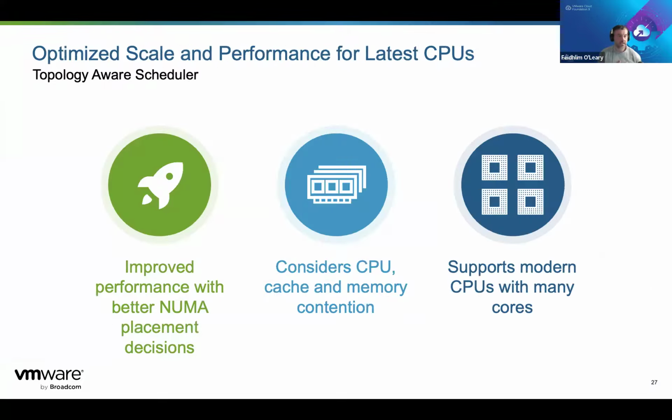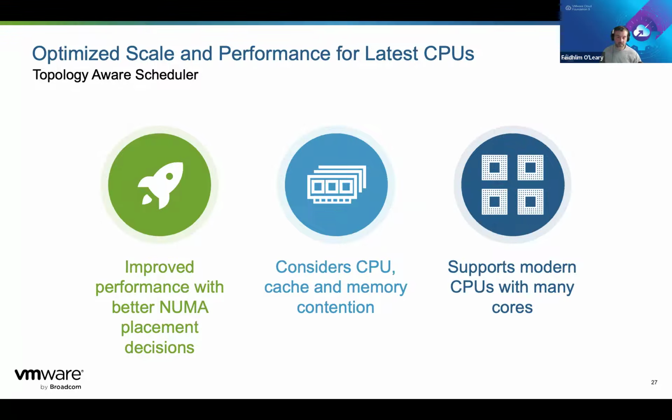Okay, and the last slide we'll talk about is on our scheduler, or ESX scheduler, or the NUMA scheduler as it can often be referred to. We have now a topology aware scheduler in 9.1. And the scheduler is the brains of ESX of how it determines when to schedule what onto the physical CPUs.